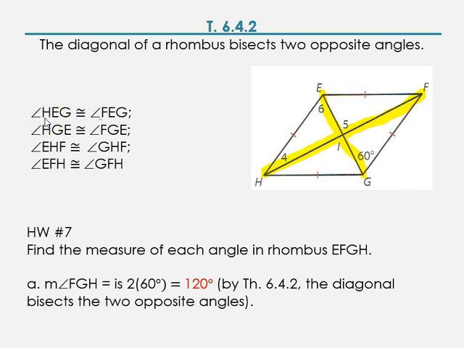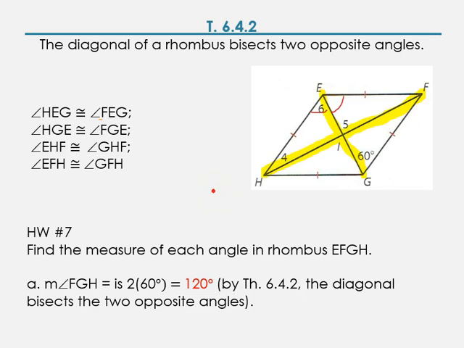This creates a situation of quite a few congruent angles. So HEG, which is angle 6, is congruent to FEG because it's bisected. So these two angles would be congruent to each other.